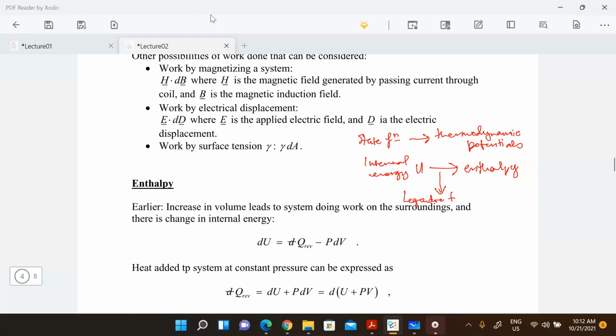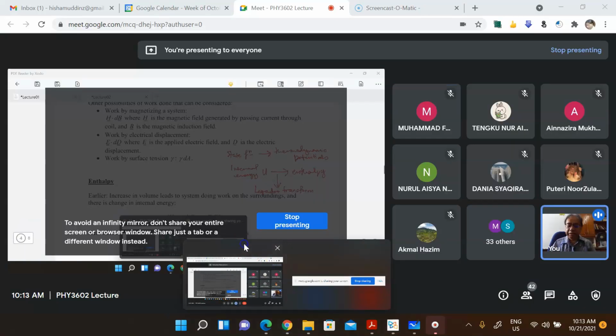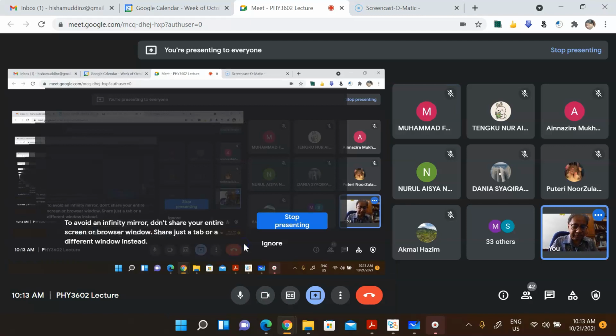Have you heard about the Legendre Transform before? It's either yes or no. Have you done classical mechanics? Not yet. Okay, great. So that means, of course, you do not know it.